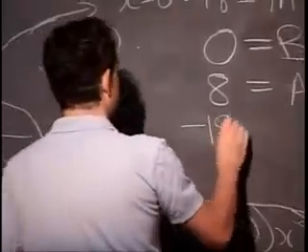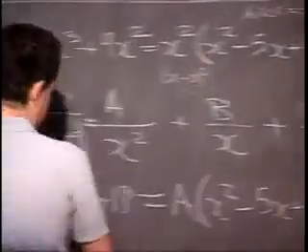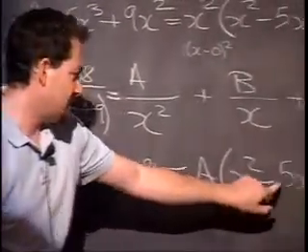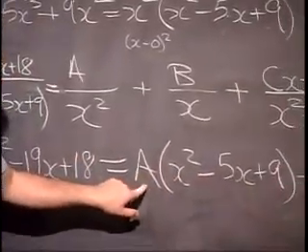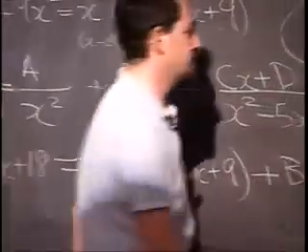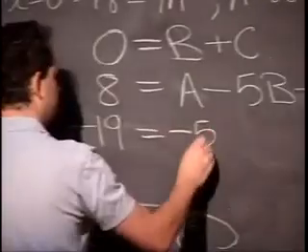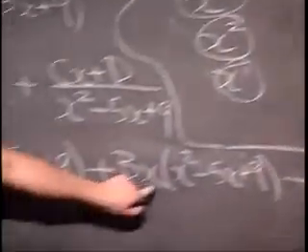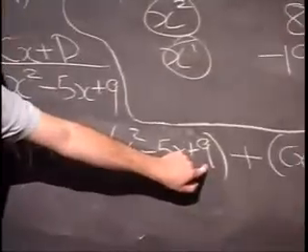So the x to the 1, we have negative 19. That's the coefficient of x. Over here, we're going to get a minus 5a, because that's the coefficient of x. What about this? We're going to get bx times 9.